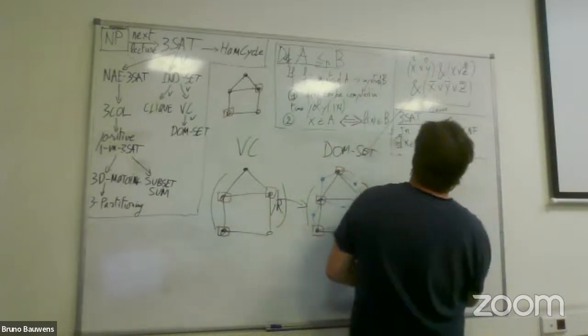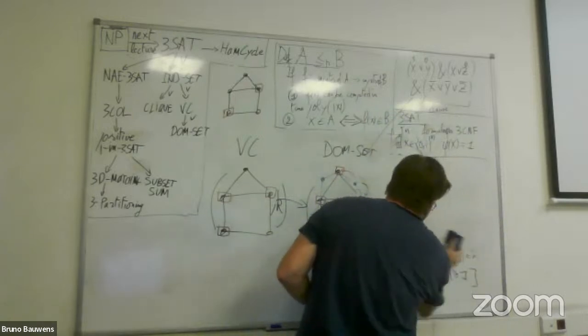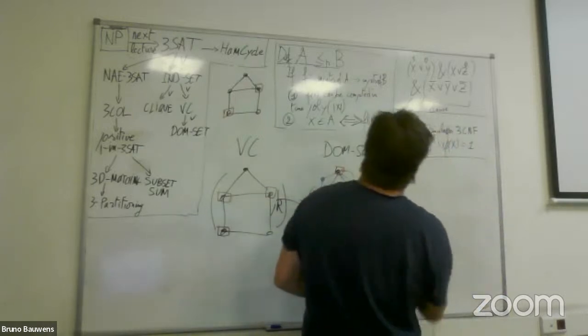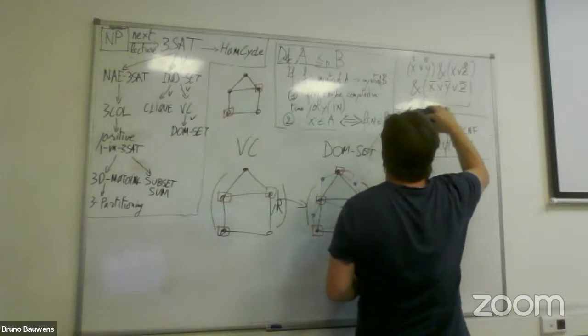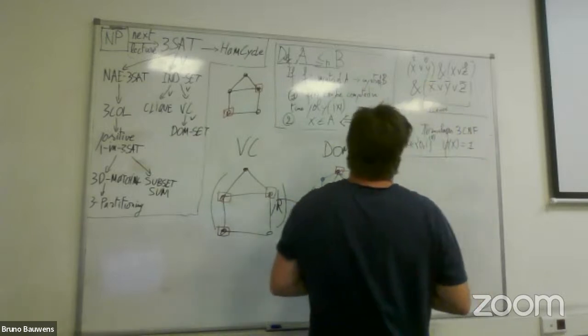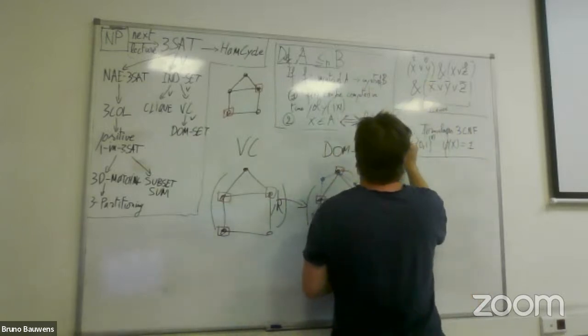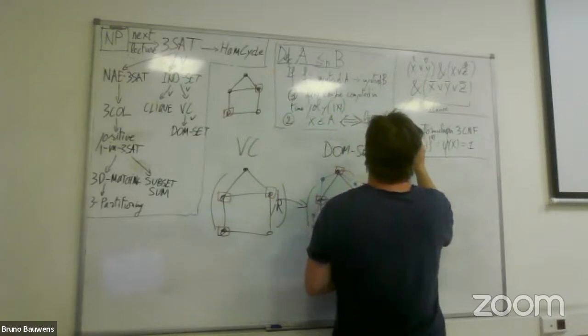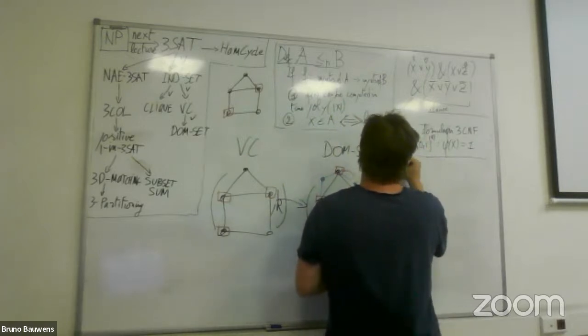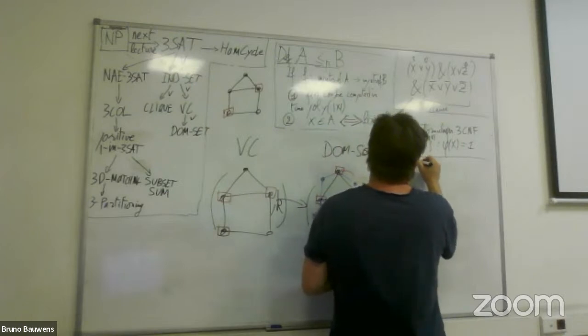So the input is the same as 3CNF. Let me just fix the input. So here is 3-SAT, and here is not-all-equal 3-SAT.